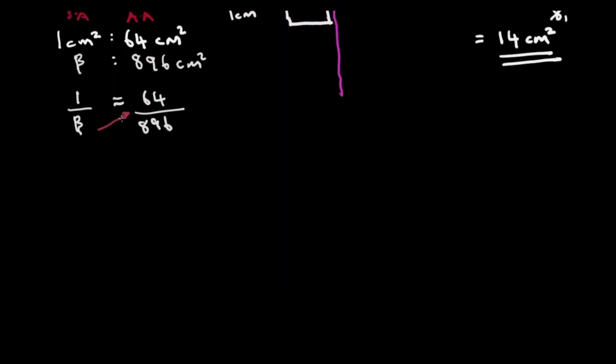We cross multiply. It means 1 will multiply 896 being equal to 64 multiplying beta. So 1 times 896 is 896, equating 64 times beta, it's 64 beta.